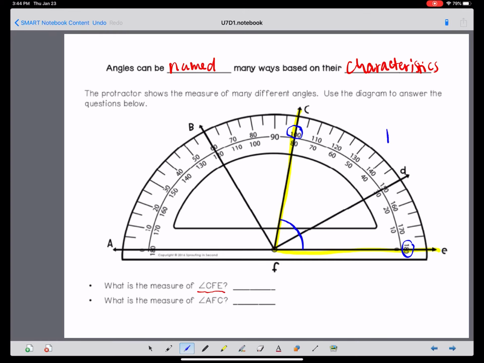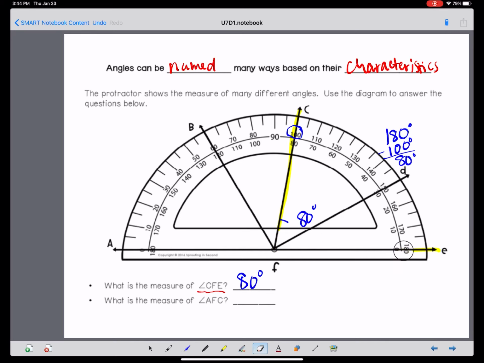So we would say 180 minus 100 gives us 80 degrees. So that's the measurement of angle CFE.